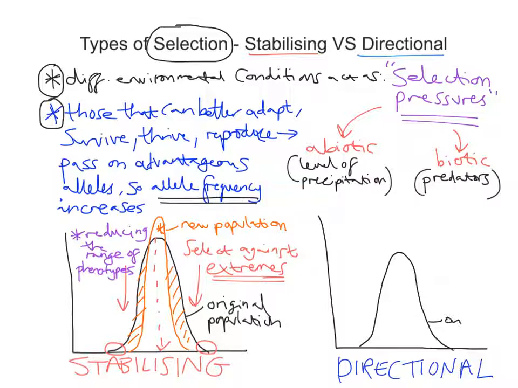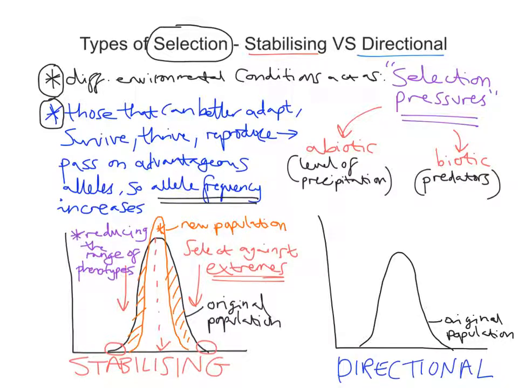Probably a bit steeper than intending, but here is our original population. Now with directional selection, one extreme of the trait distribution is actually selected against, but previously disadvantageous alleles may this time be selected for.